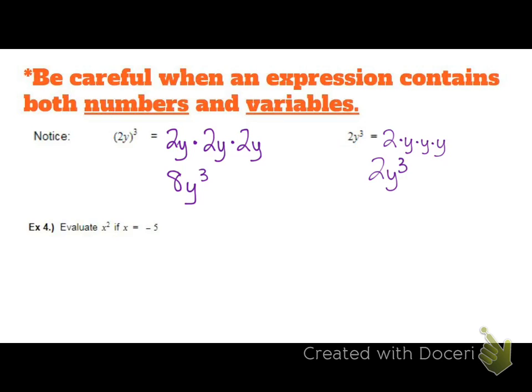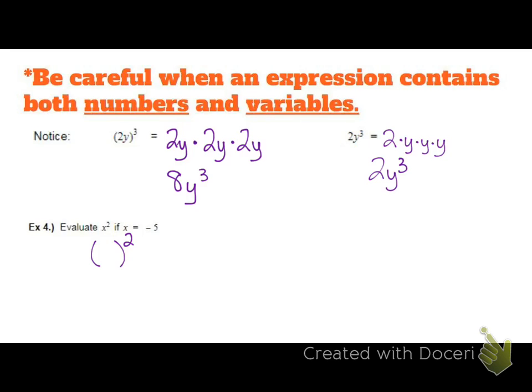All right, example 4 asks us to evaluate x squared if x is equal to -5. So here we have to be careful how we write this. I usually, if I'm needing to plug something in, I like to use parentheses in place of the variable.